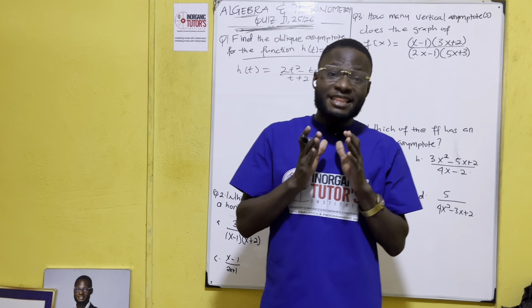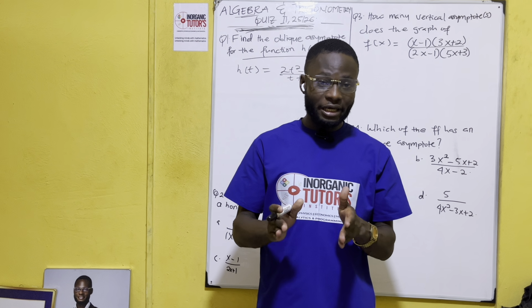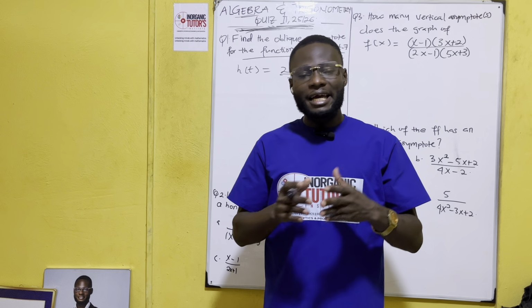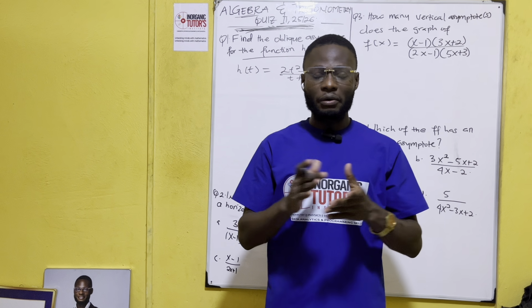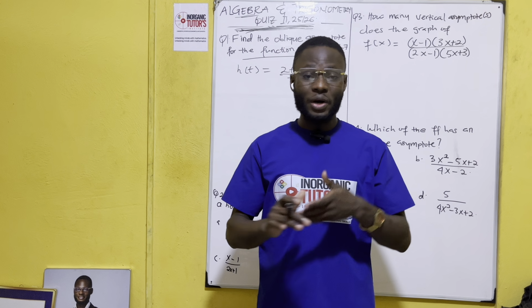Then the third type of asymptote is the oblique, diagonal or slant asymptote. It continues from the horizontal asymptote case where the degree of the numerator is greater than the degree of the denominator, so there is no horizontal asymptote.